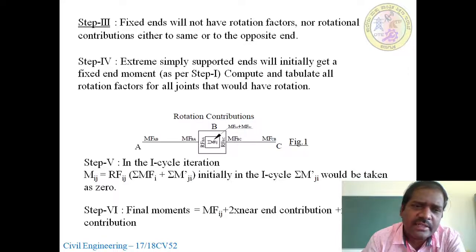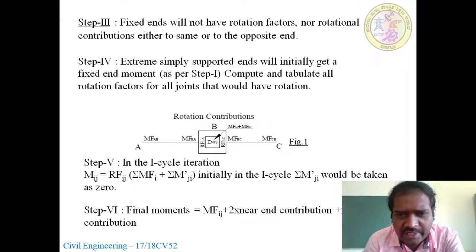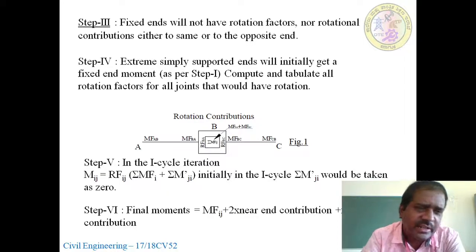The next, how to take the iterations? We have an equation here. Mij is equal to rotational factor, that will be the final moment, contributional moment. Mij is equal to rotational factor of Ij, summation of MFi, means summation of moments at the particular joint, plus summation M dash Ji, that will be the far end contributional moments.